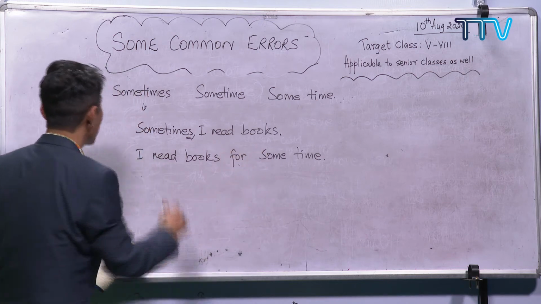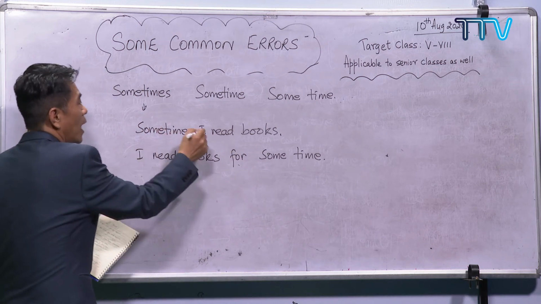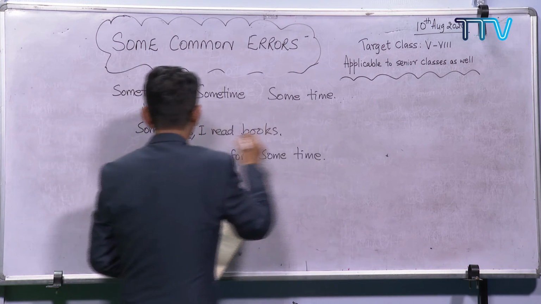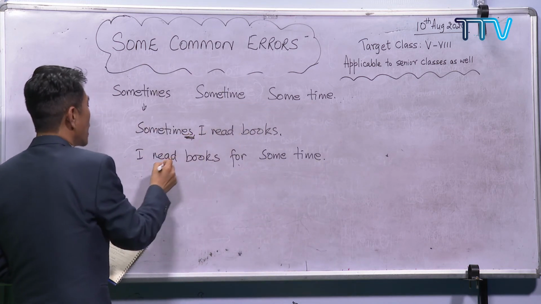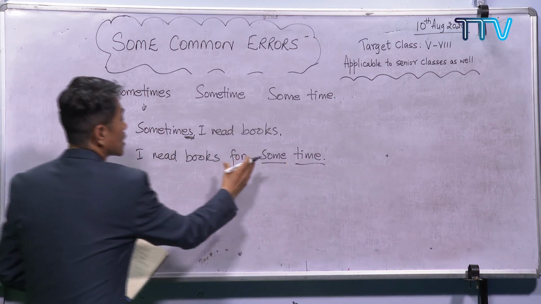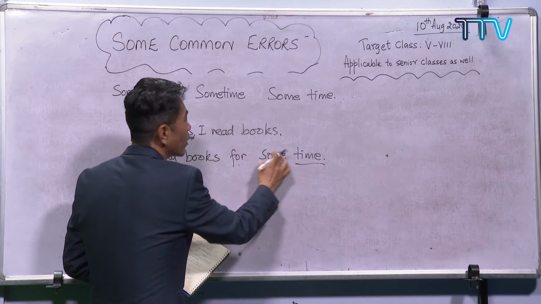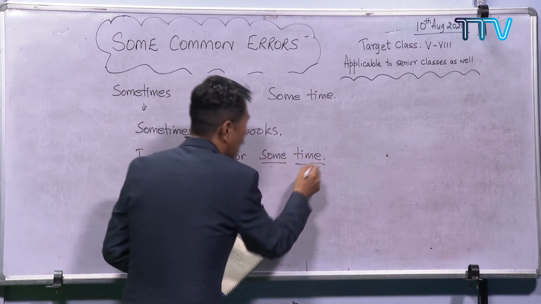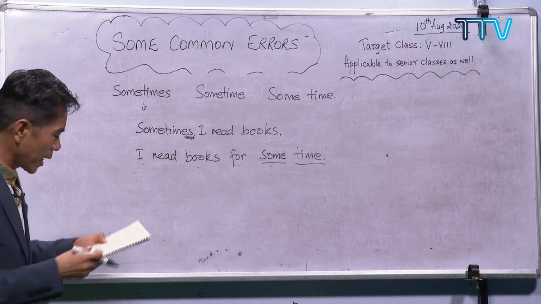Sometimes I read books. Sometimes I go. Sometimes I talk. So we use S here. And "for some time" is just a phrase, just a group of words. They are not connected. So: I read books for some time, and then I do something else.